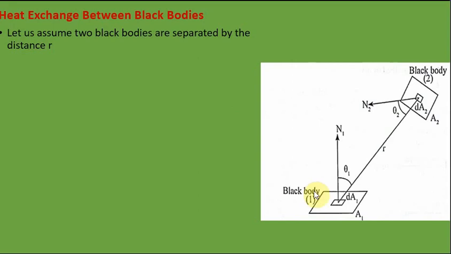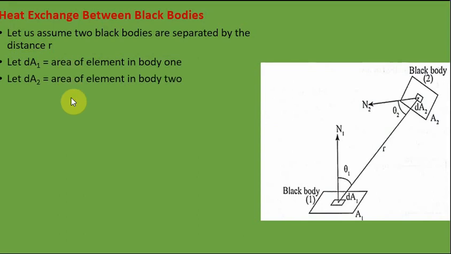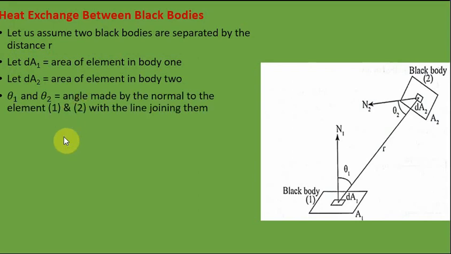One thing you need to remember, both are black bodies. N1 is a normal, and N2 is a normal to dA2. Let dA1 be the area of an element in body 1, and dA2 the area of an element in body 2. Now theta 1 and theta 2 are the angles made by the normals to elements 1 and 2 with the line joining them.